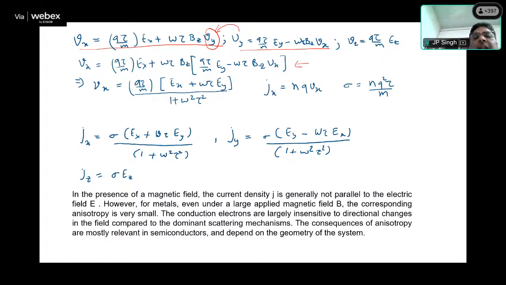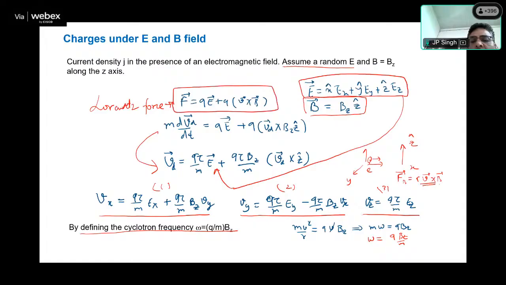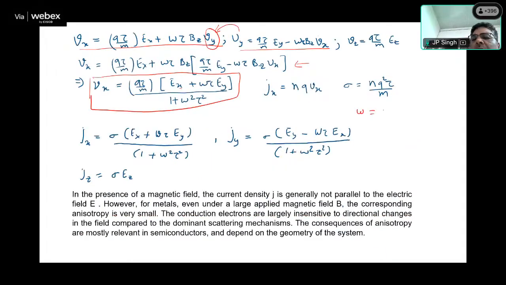With a little bit of manipulation, you can figure out your Vx as a function of Ex and Ey. What we get is Vx, which comes out to be q tau by m, a function of Ex and Ey, divided by 1 plus omega squared tau squared, where omega is simply q by m times Bz, the cyclotron frequency.